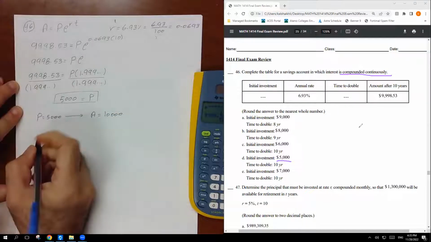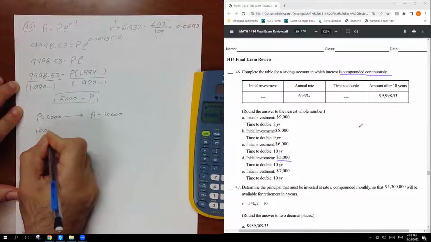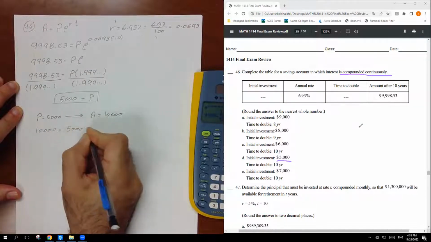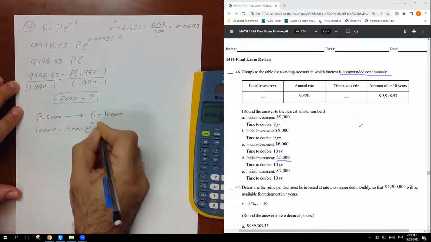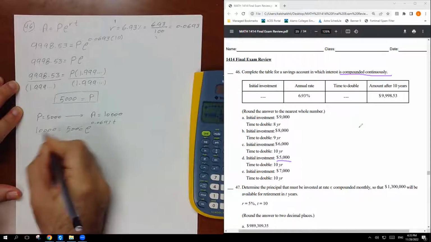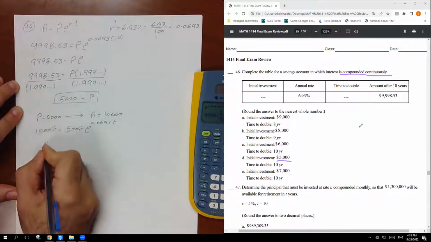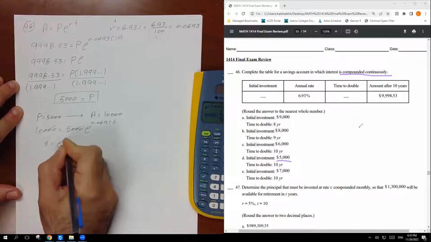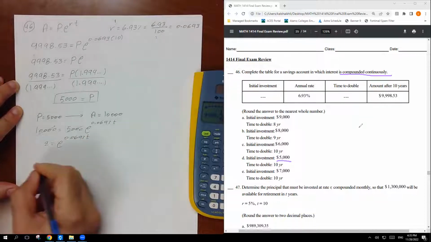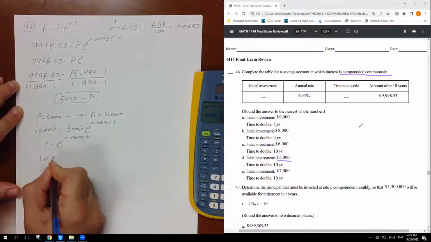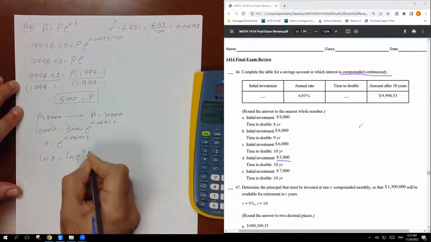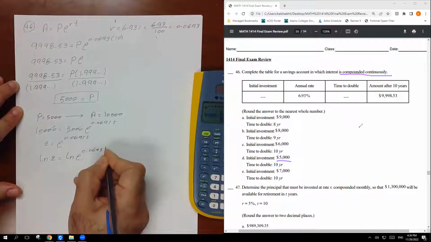So I'm going to use the same formula. 10,000 equals 5,000 e^(0.0693 T). Divide by 5,000, so 2 equals e^(0.0693 T). Then take the ln of both sides, so ln 2 is going to be equal to ln e^(0.0693 T).